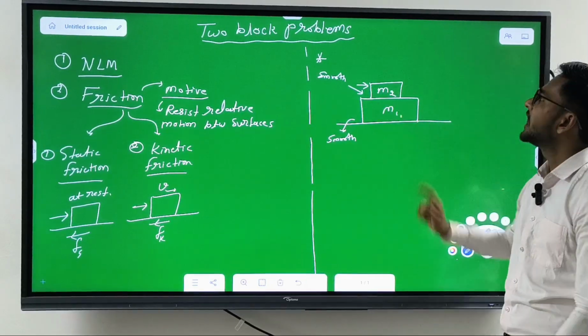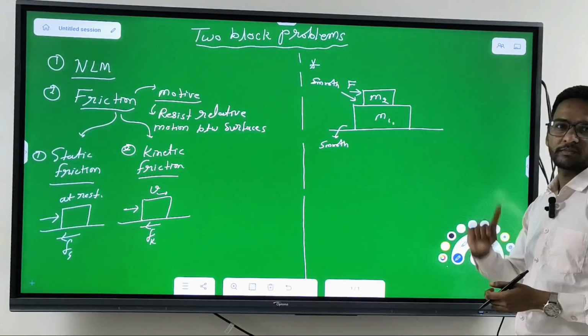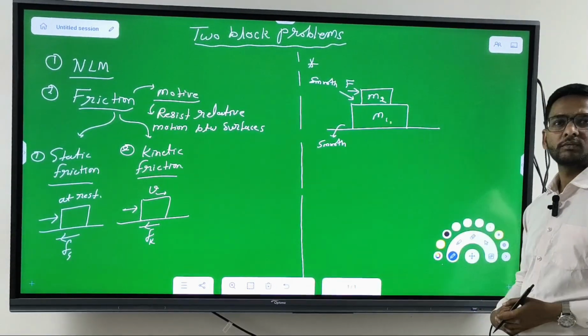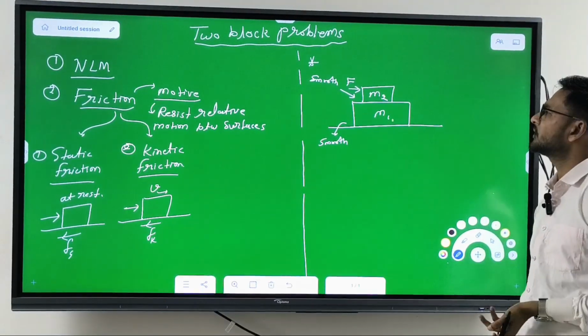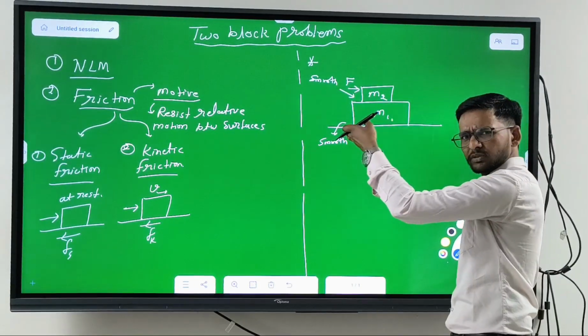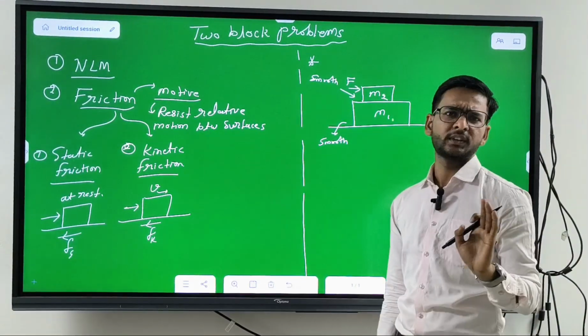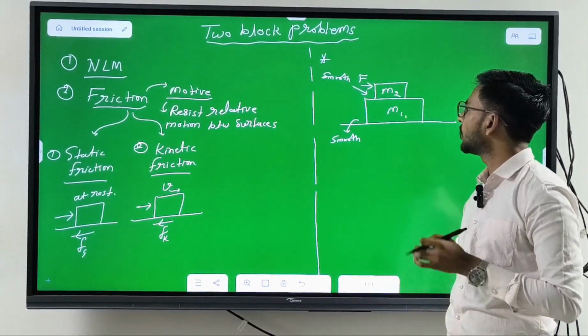We are applying external force on the block m2, so m2 will move. Why should m1 move? m1 will not move because there is no external force on it. Both the surfaces are smooth, so there is no possibility of friction, and we are not pushing the m1 block. So block m1 will not move.